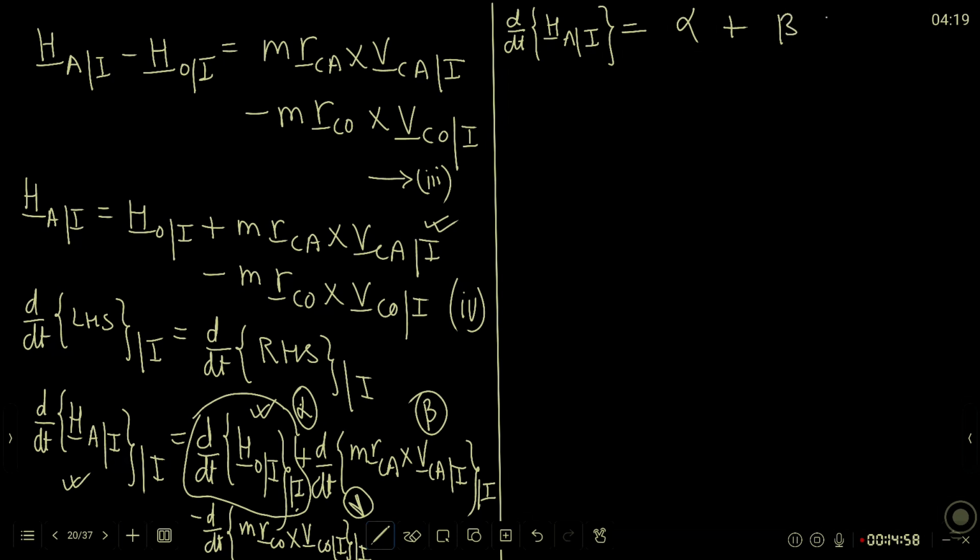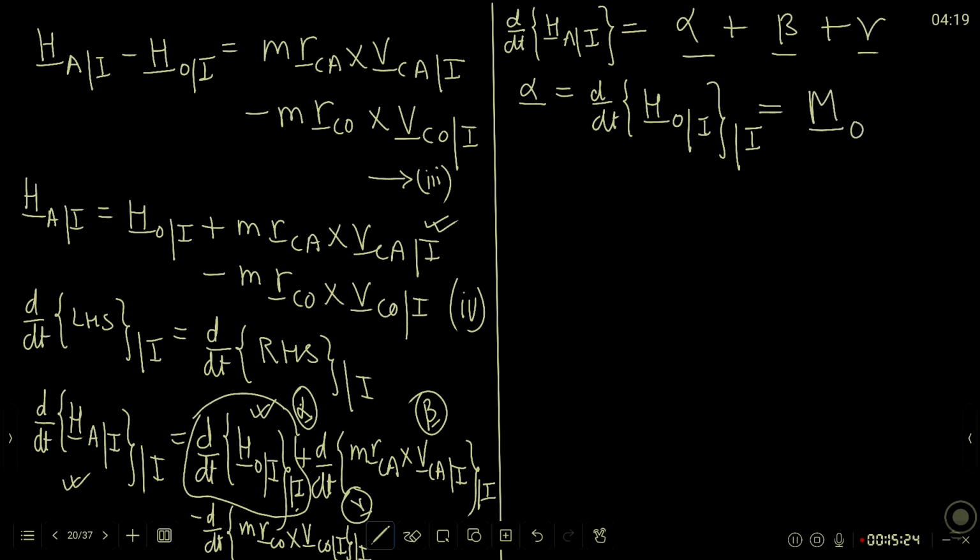Let's also put vectors, because after all these are vectors. Okay. Now note that alpha vector is actually equal to M^O, Euler's second axiom, which we are assuming to be true.